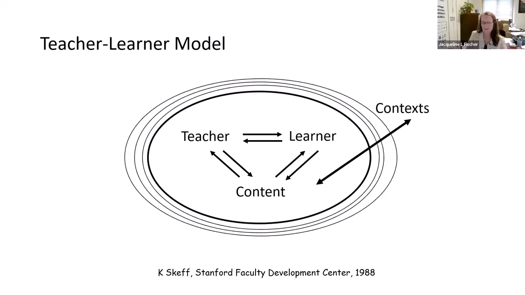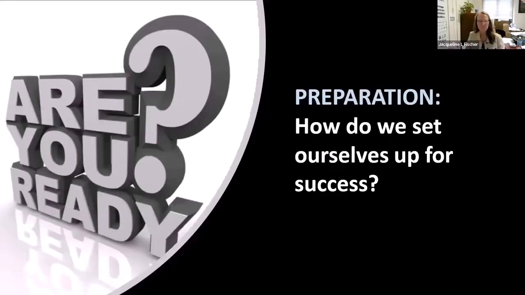Various contexts, be it in the lecture hall, in the lab, in the simulation center, on the wards, at the patient bedside, in the hallway, at the bedside but with the family, at the bedside but without the family. So how do we set up ourselves for success in teaching multi-level learners?